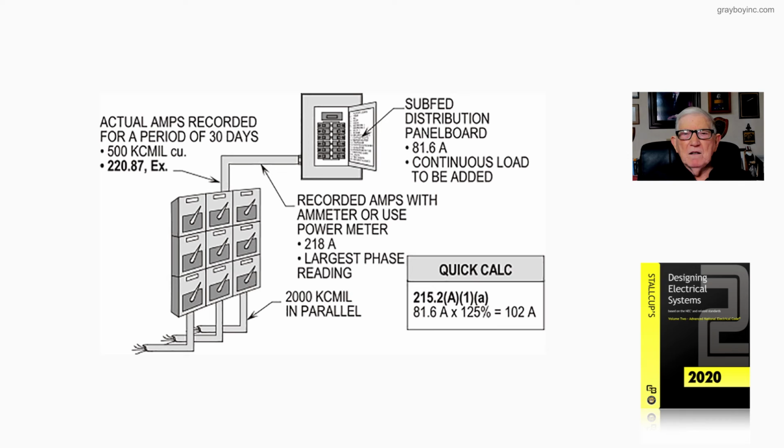So keeping that in mind, now we have the information here that we need to calculate the demand and see if we can add it without increasing the 2000 kcmil that we have here or the 500 kcmil. The 2000 in parallel, we're saying no, they're large enough. So with that in mind, let's go to the calculation next.